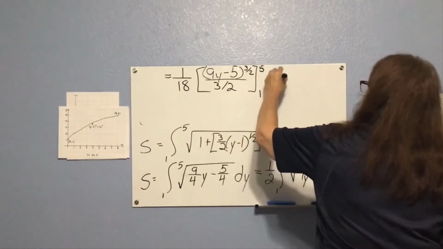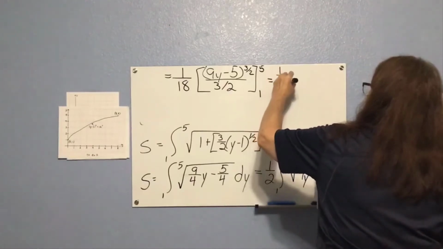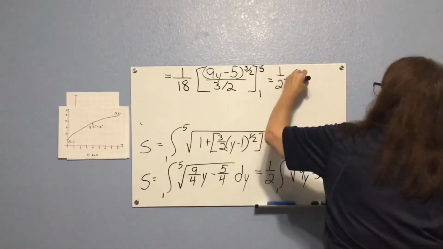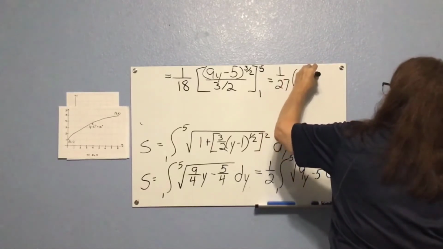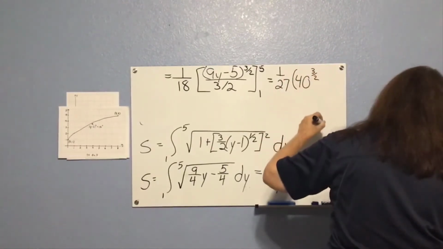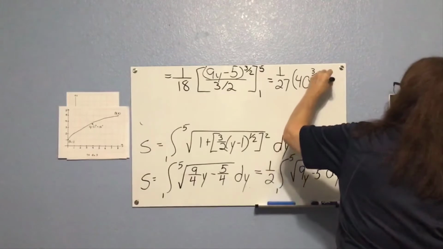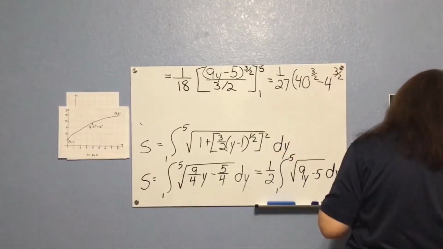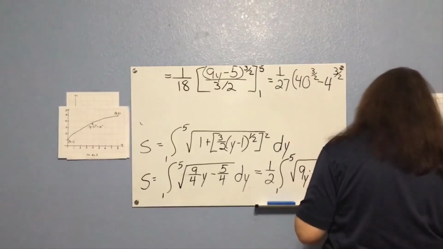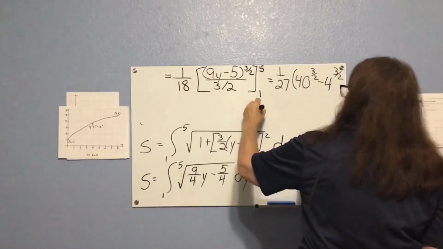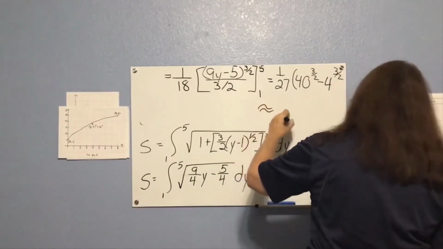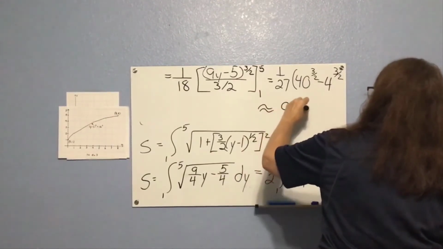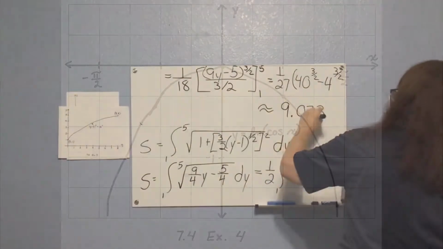This is going to give me 1/27 times 40 to the 3/2 minus 4 to the 3/2. And this is approximately equal to 9.073.